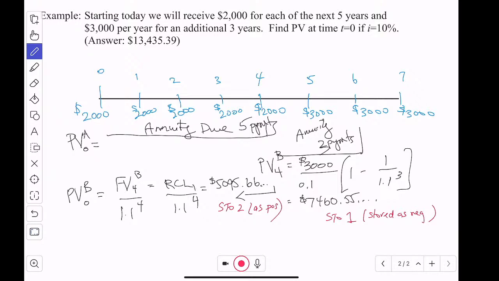Now we have to carry this out. So how are we going to do this one? This is an annuity due, so I'm going to use the formula of putting 2,000 and then the annuity for 4. That is the annuity due formula.